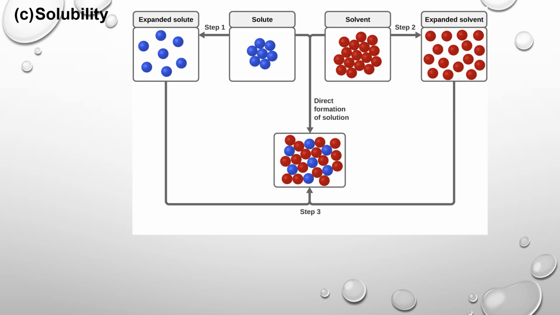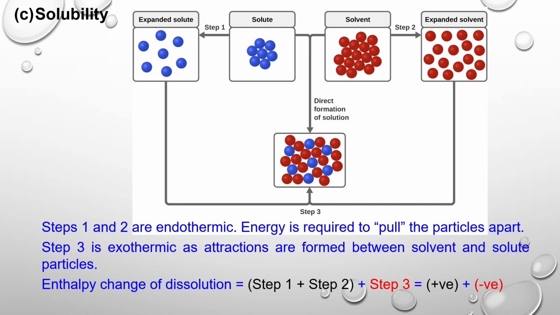So if you can see it this way, I can have my solute and my solvent, right? This is similar to what you have learned in chemical bonding. Step 1 and step 2 are endothermic because you need energy to separate the particles in the solute as well as the particles in the solvent.